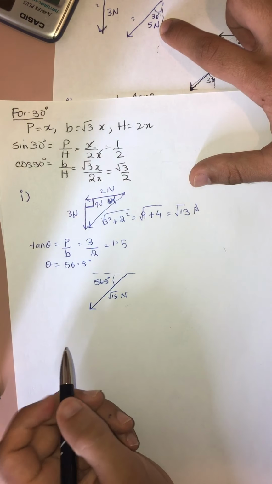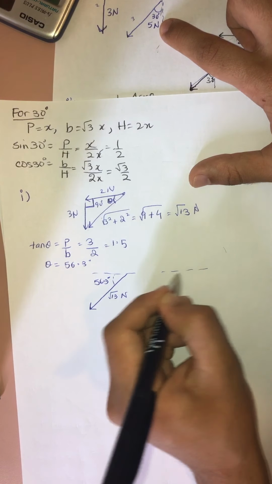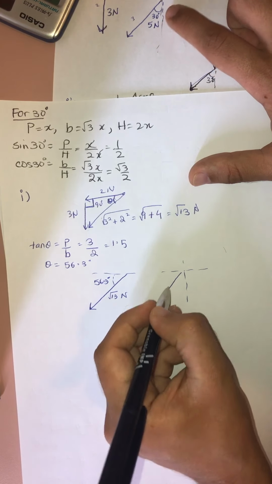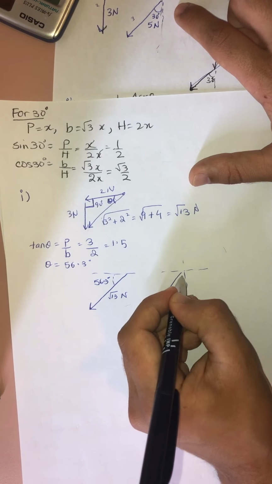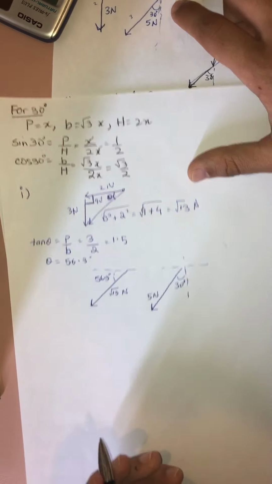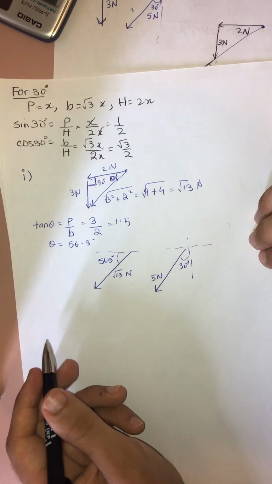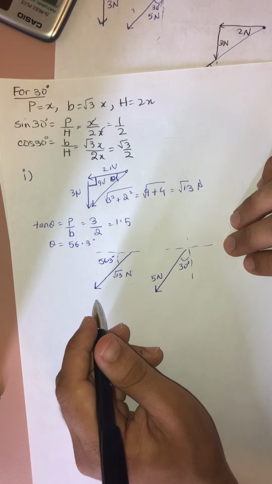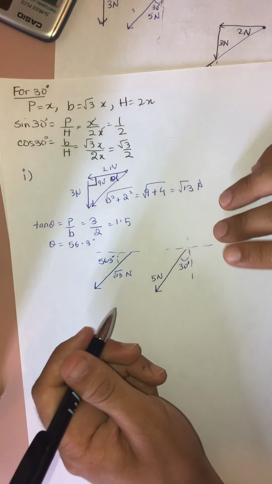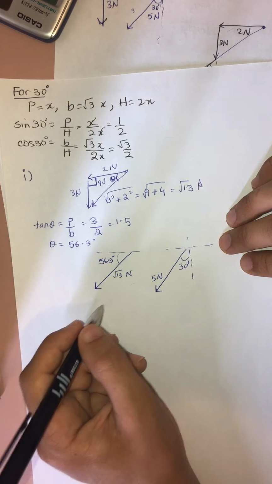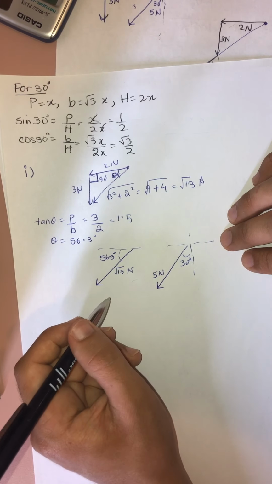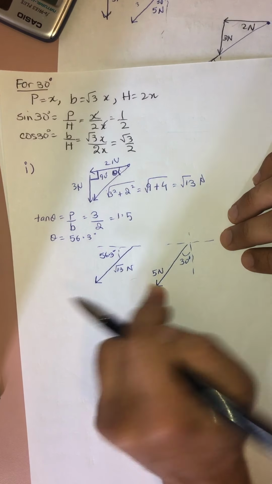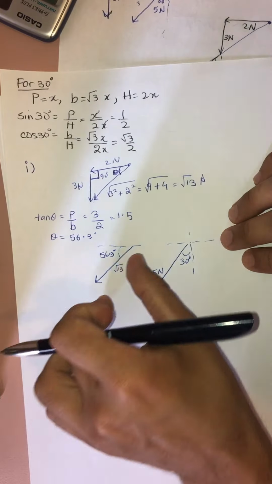Okay, now use this one. Now here this is your first vector and the second vector is this one, 5 newton, and this is 30 degrees. Now you can take any one as your first vector, and the other vector as the second vector. So all right, let's take this vector and then overlap this vector here.